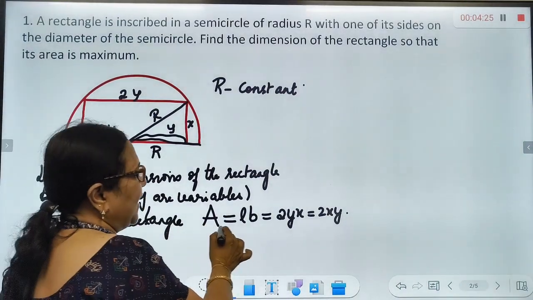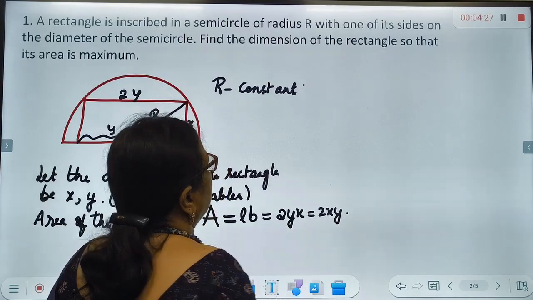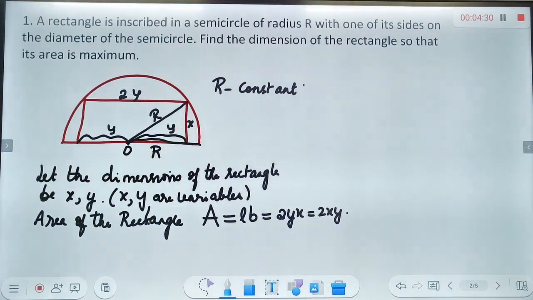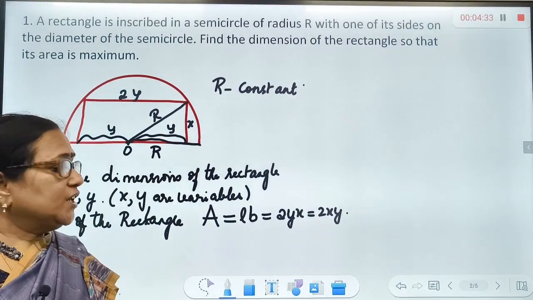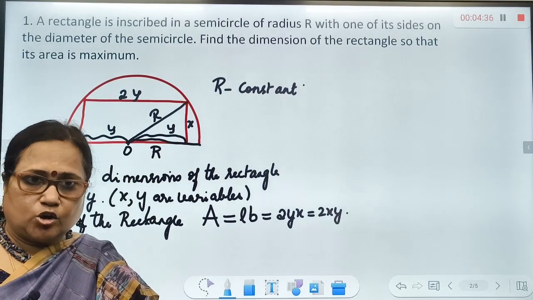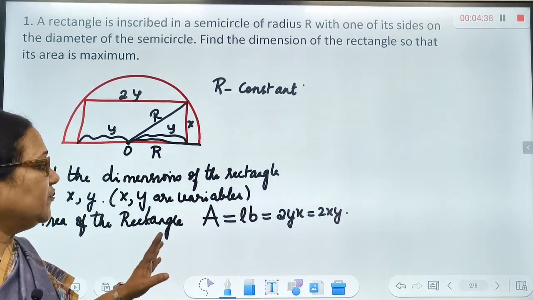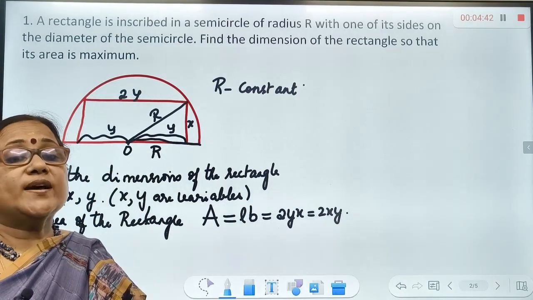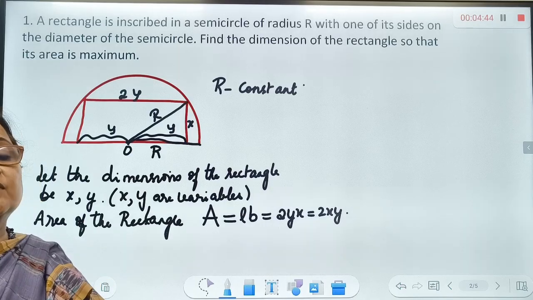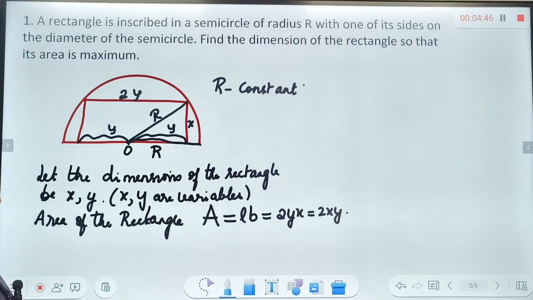As you can see, A is a function of two variables x and y. In all these problems, the first step is to identify what is a variable and a constant. Step 2, what is the function that you are going to maximize. Step 3, how to express one variable in terms of the other using the given data.